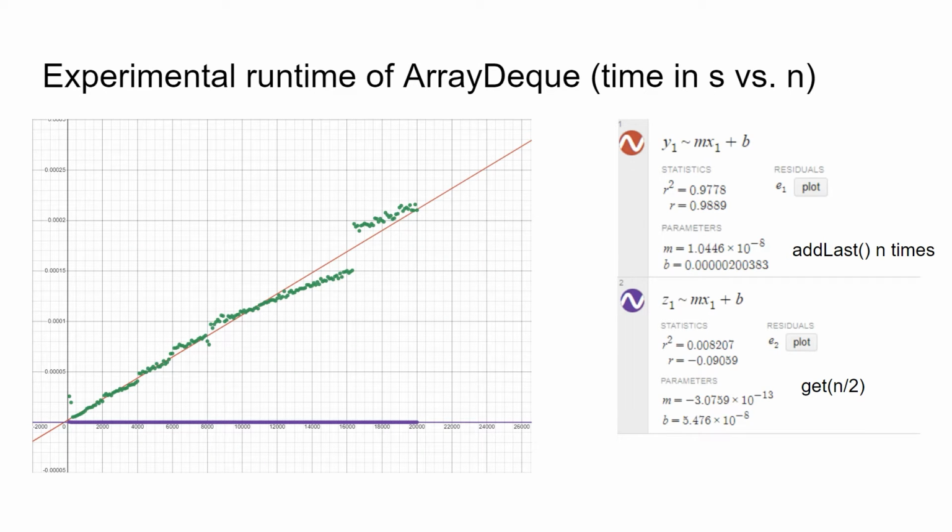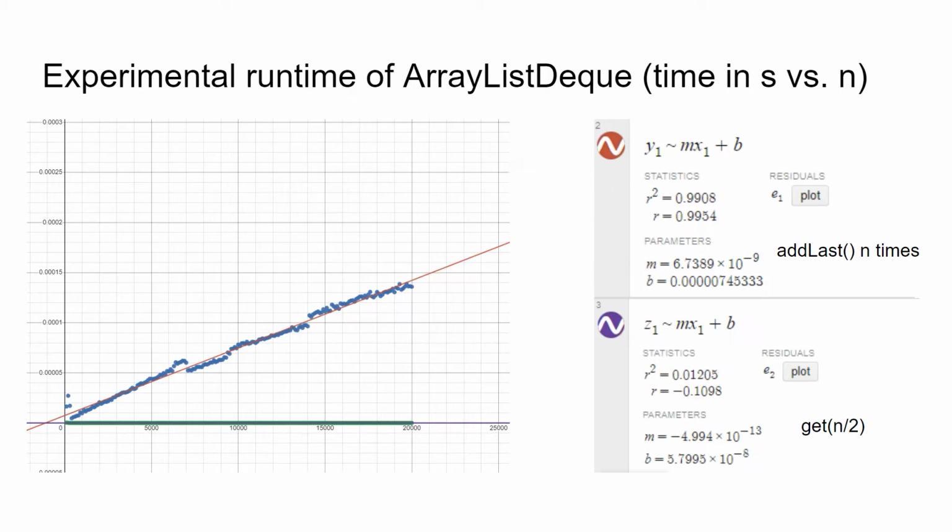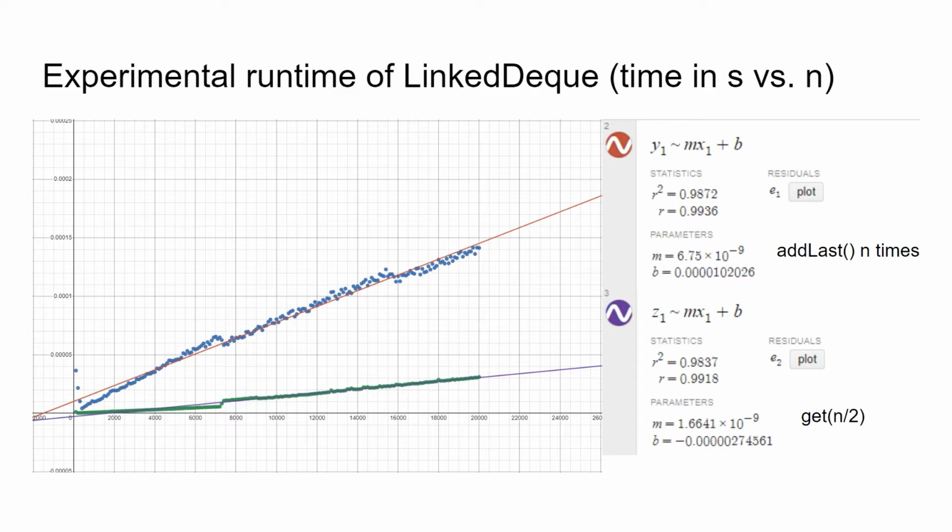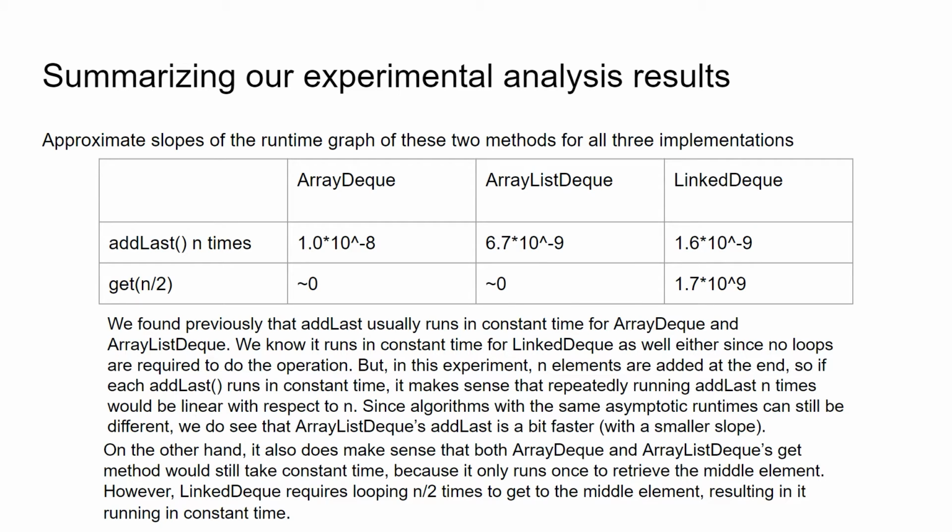So here is the experimental runtime for the three classes: ArrayDeque, ArrayListDeque, and LinkedDeque. So seeing that all of those graphs were linear, I decided to summarize the results just based on comparing their slopes. And in this experimental analysis, by the way, we're dealing with two different types of methods, because here add last isn't called once, but it's called n times.